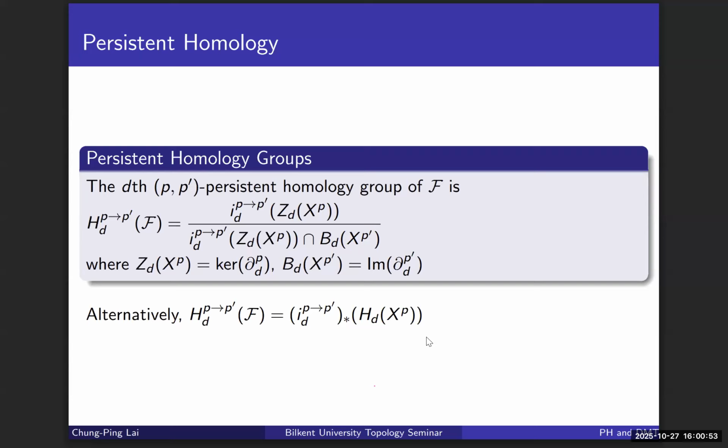we can just look at two homology groups. First is the D-th homology group of the P frame. And then we look at how this homology group is included with the inclusion map, the map from P to P prime.